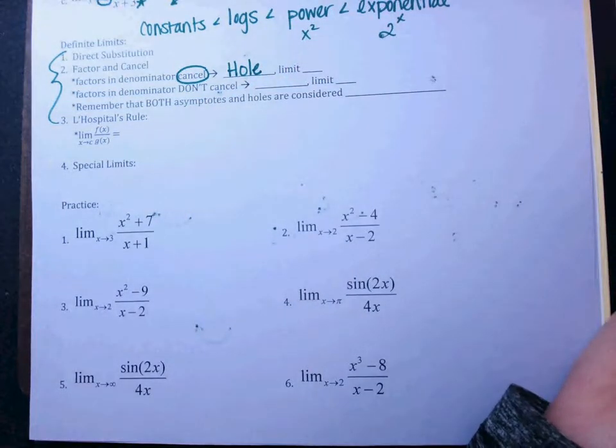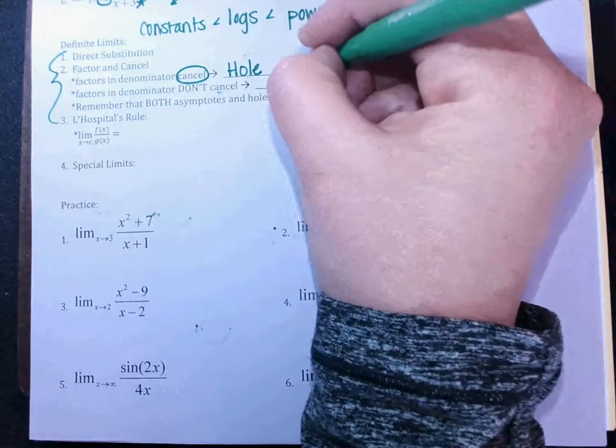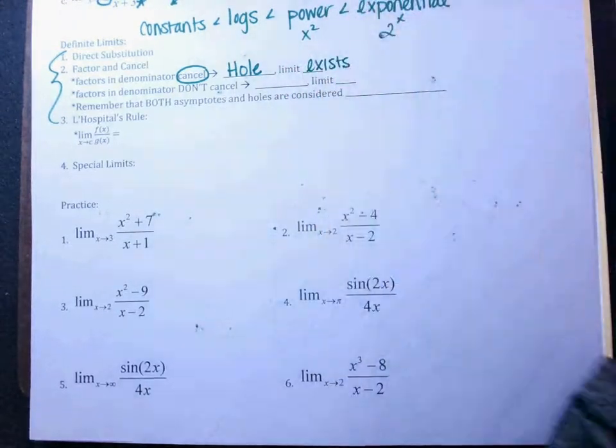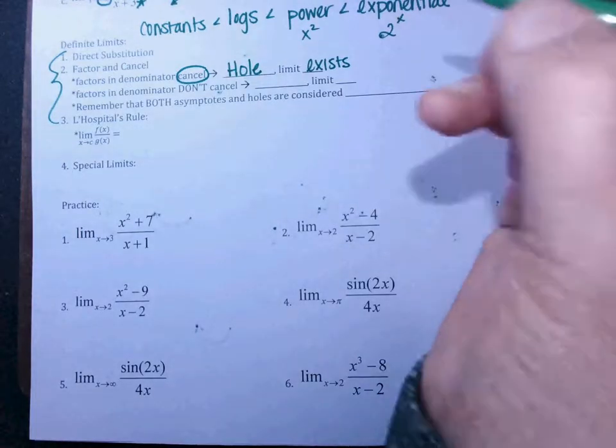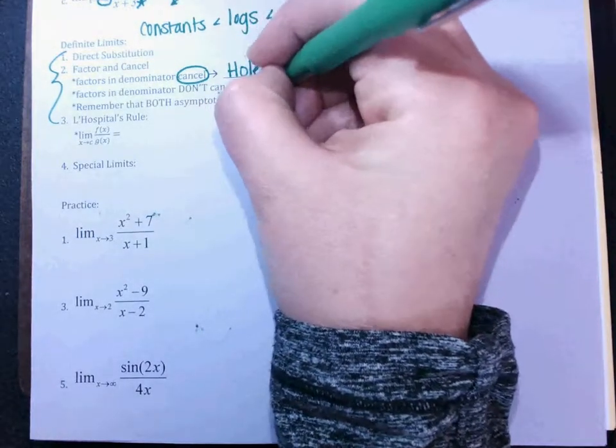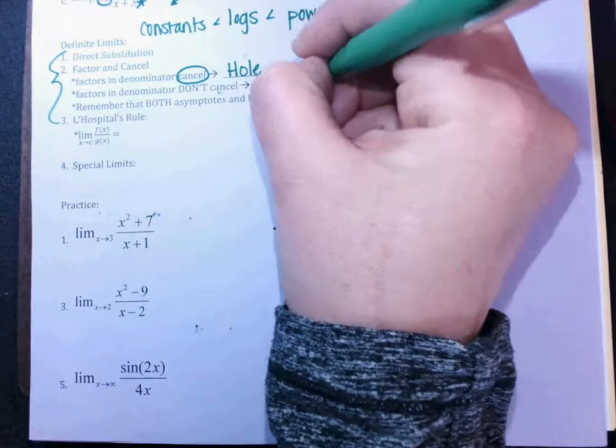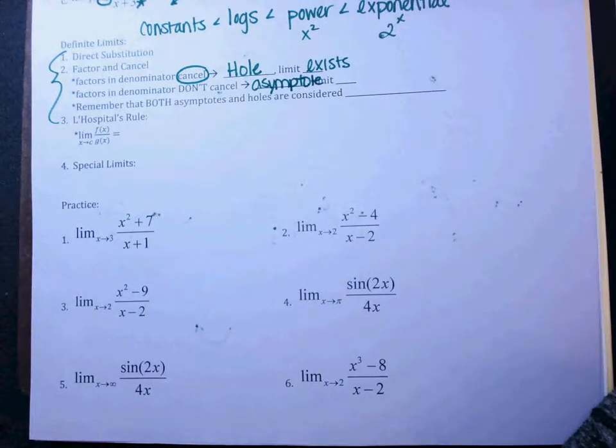But remember that if you have a hole, your limit still exists. That means that your values still approach that empty spot where that hole is. Okay, and then if it's in the denominator and it does not cancel, what does that create? Do y'all remember? An asymptote. Very good. Asymptote. And remember, at an asymptote, what did we say about the limit?